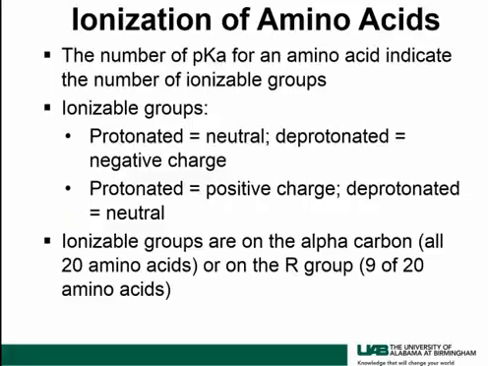Ionization of amino acids, let's cover that. The number of pK for an amino acid, as we stated, indicate the number of ionizable groups. Ionizable groups, when they're protonated, for the acid, it's neutral. When it's deprotonated, it becomes negative. For the base, when it's protonated, it has a positive charge on it.